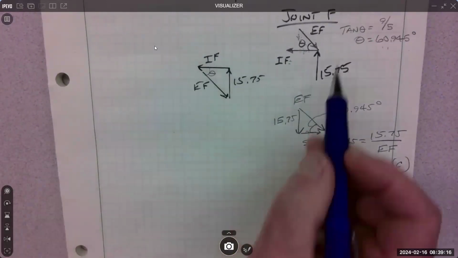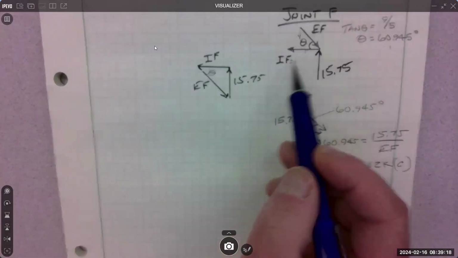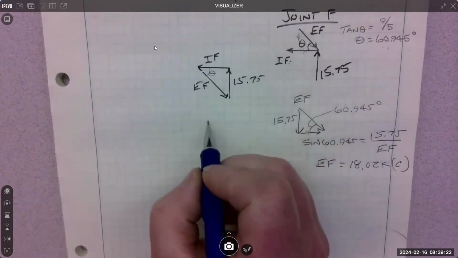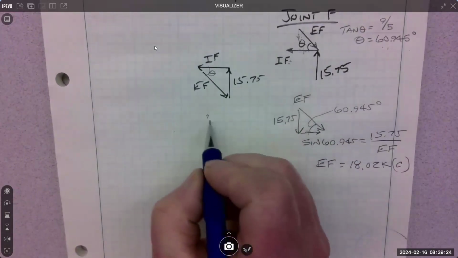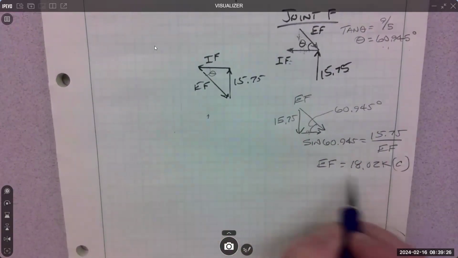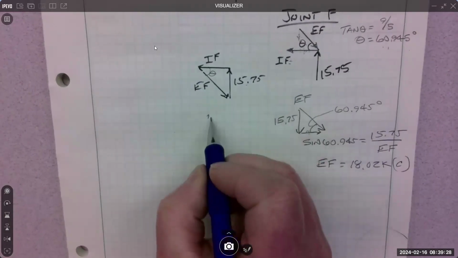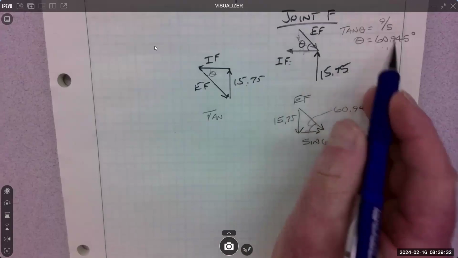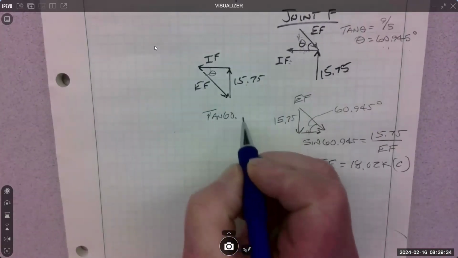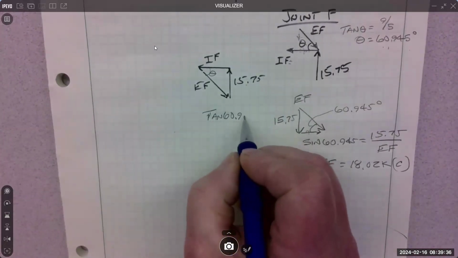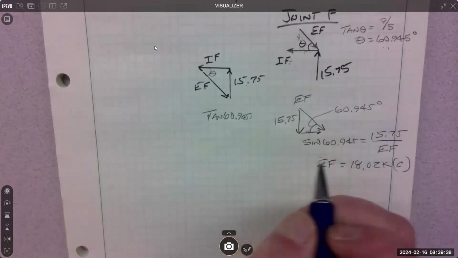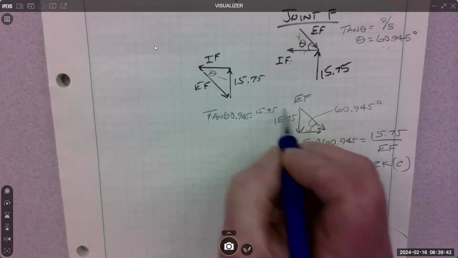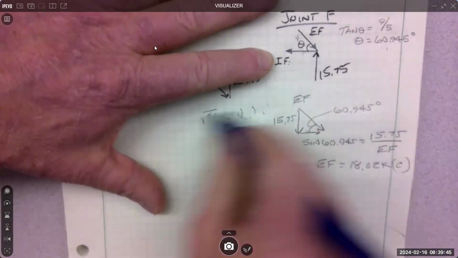So if I solved it this way, then I can just run the trig to get IF directly, which is going to be maybe tangent. Tangent of 60.945 equals opposite 15.75 over IF.